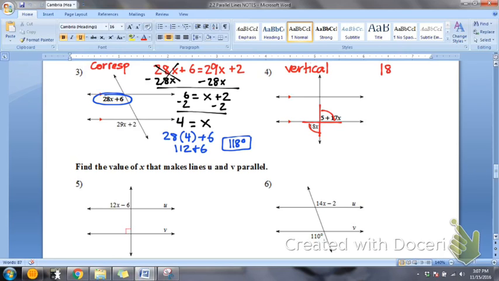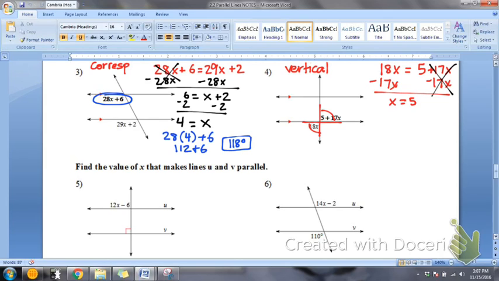So I have 18x equals 5 plus 17x. So let's just move our 17x over. I want you to move the x that's going to keep the x value positive.